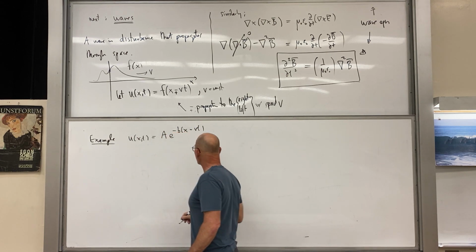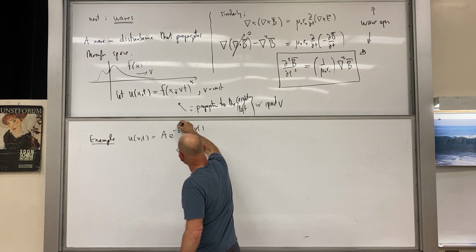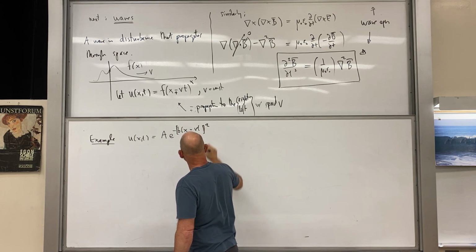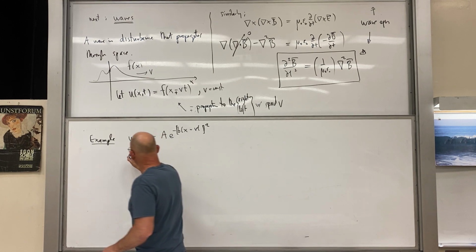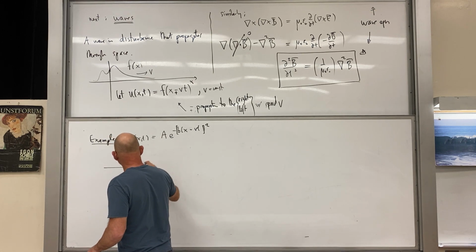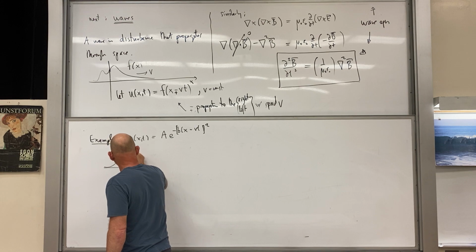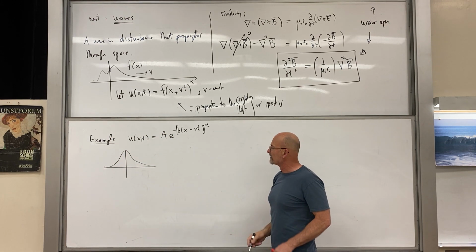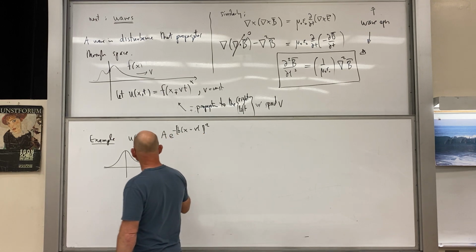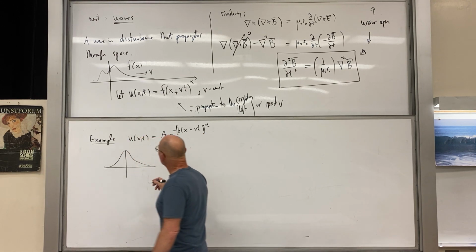So we'll have the propagation, and let's go ahead and square the whole thing. Squared, okay. So now we have a Gaussian type of distribution moving to the right with speed v. Good.